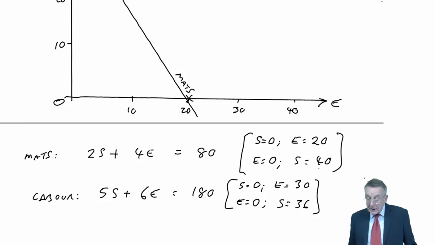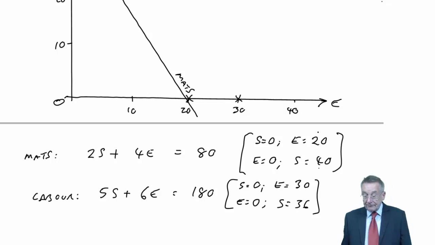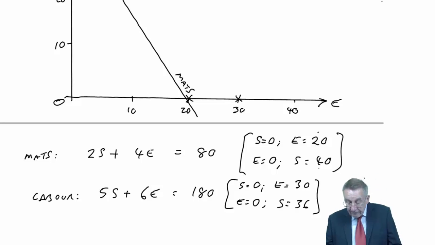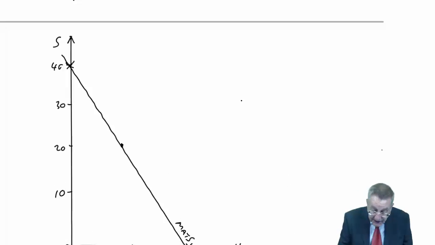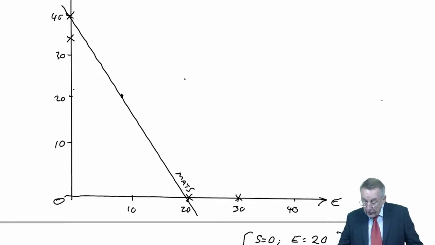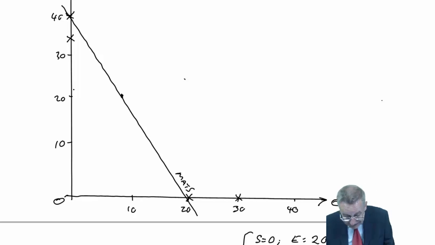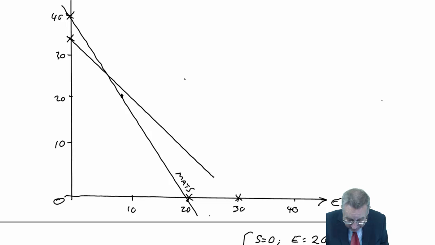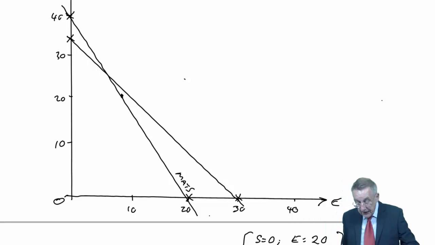So let's put those two points on the line. S0, E30 is there. E0, S36 is there. Join them up. Not perfect, but still.